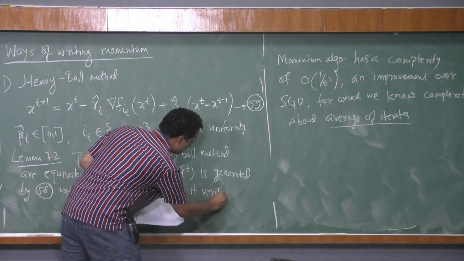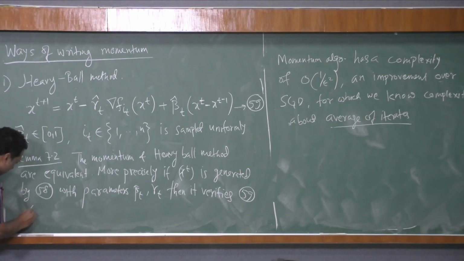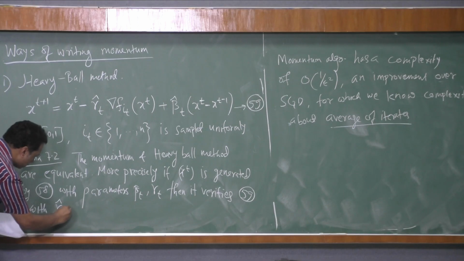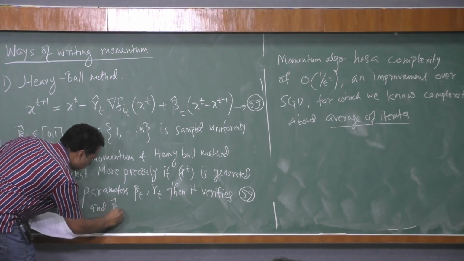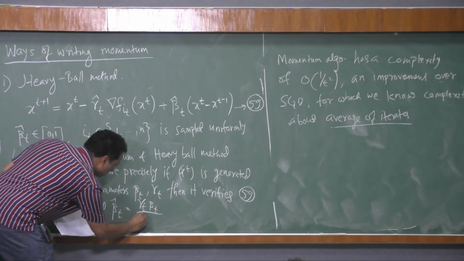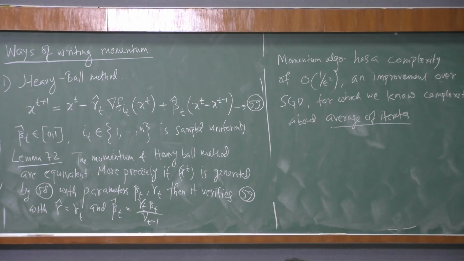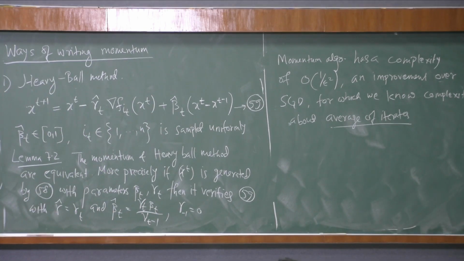Gamma hat doesn't change, gamma hat is gamma_t, and beta hat_t is given by beta_t times gamma_t over gamma_{t-1}, with the initial gamma_{-1} set to 0. So the lemma says that both 58 and 59 are essentially the same. It's just that you have to rescale the gamma and beta.